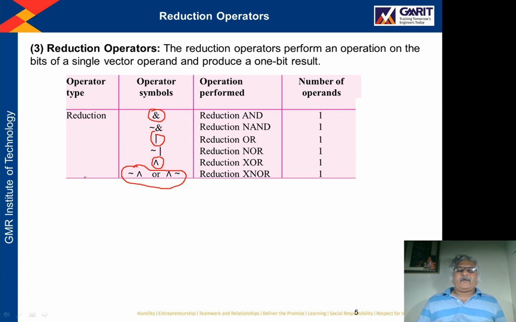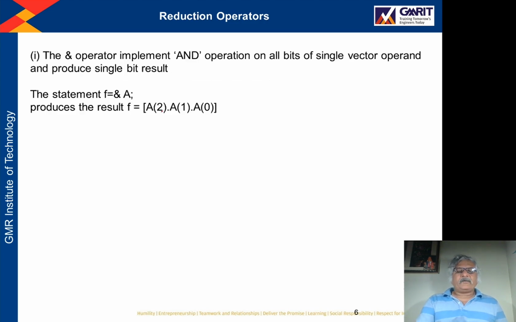But how will you differentiate whether these operator symbols belong to a bitwise operator or a reduction operator? If the number of operands with these operators is 1, then these symbols belong to a reduction operator. If the number of operands is 2, then these symbols belong to a bitwise operator. Okay, we will see about these operators.